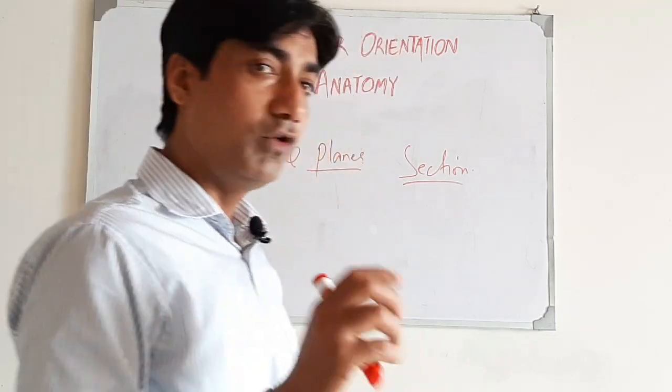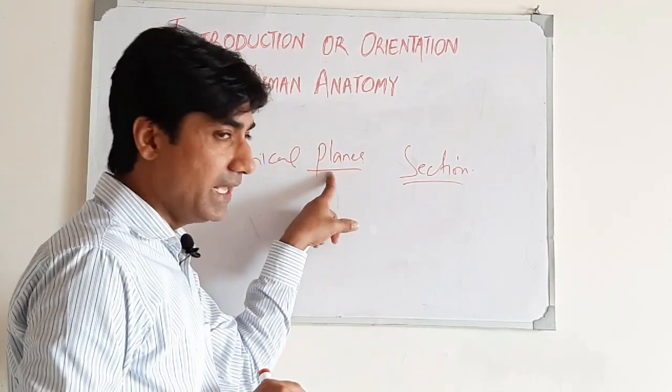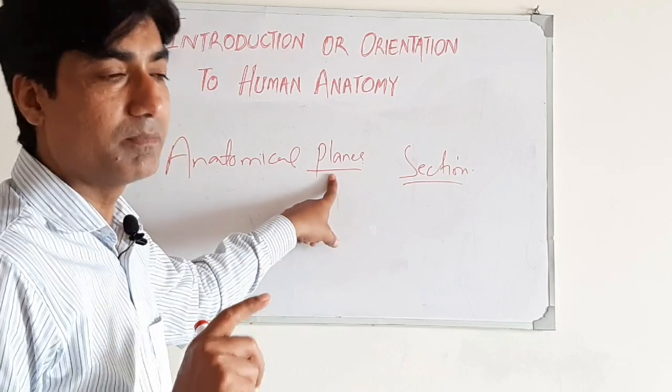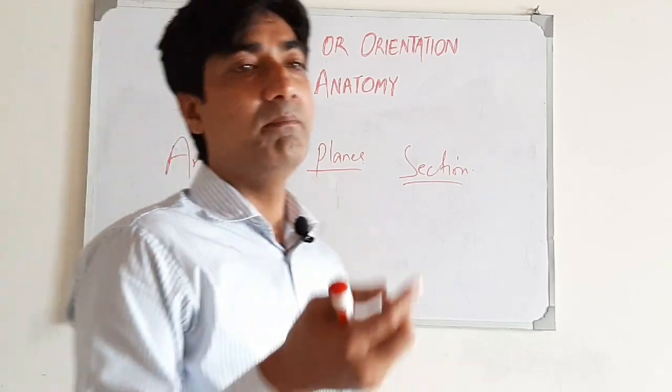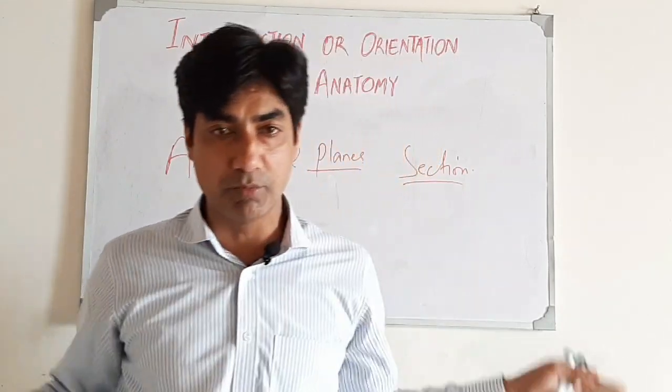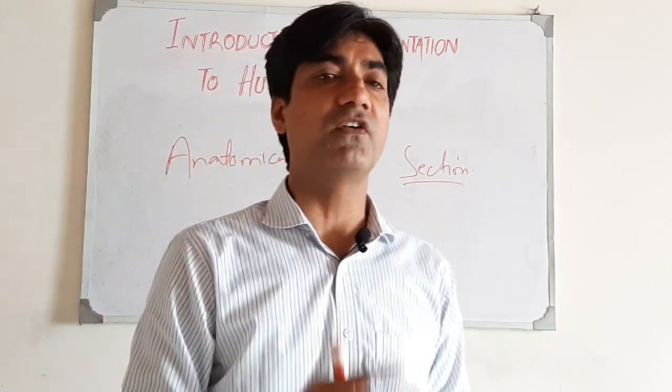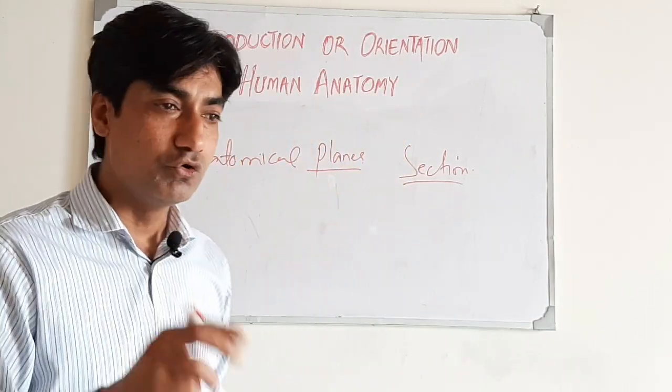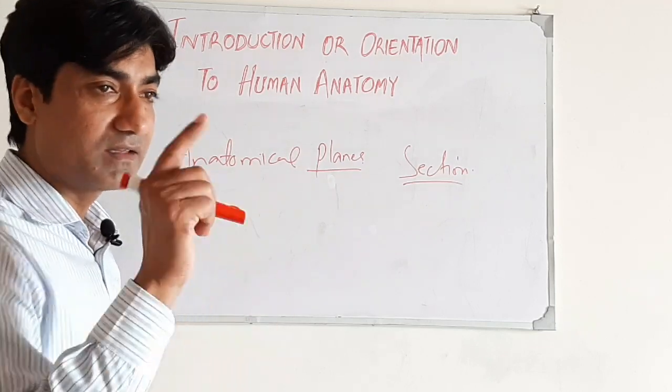But we are discussing now the planes. What are the anatomical planes? Planes imply an imaginary chart to describe the human anatomy. There are three types of imaginary charts or planes used in human anatomy to describe the structure.